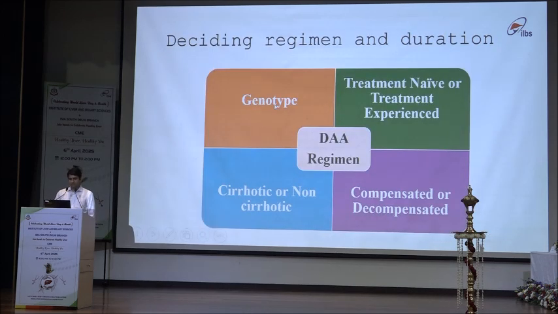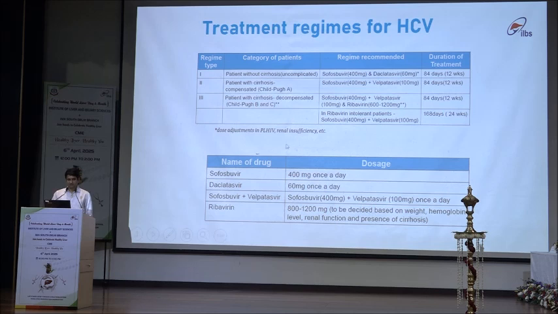So in all the subjects with hepatitis C virus infection with RNA positivity, they should start on DAA treatment, and the regimen of DAA should be decided on presence of cirrhosis, non-cirrhotic, or compensated or decompensated cirrhosis. As per the national guideline, patients without cirrhosis can be effectively treated with sofosbuvir and daclatasvir for 12 weeks.